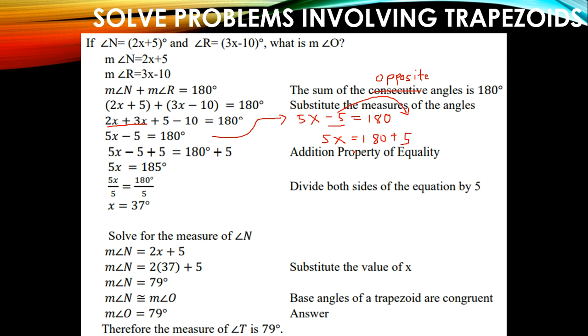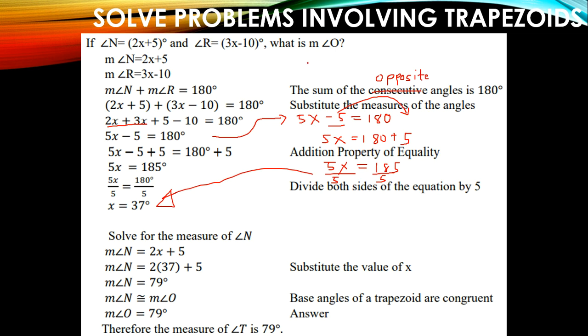Then 5x equals 185. Then divide both sides by 5. So x is equal to 37 degrees. Okay, so that is the value of x.